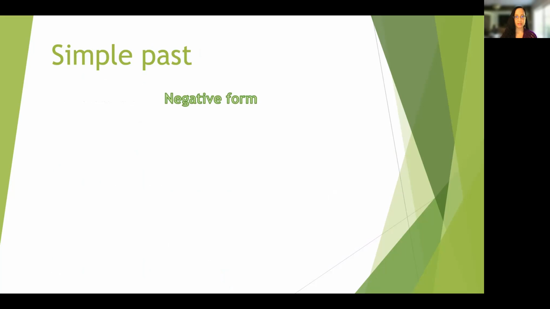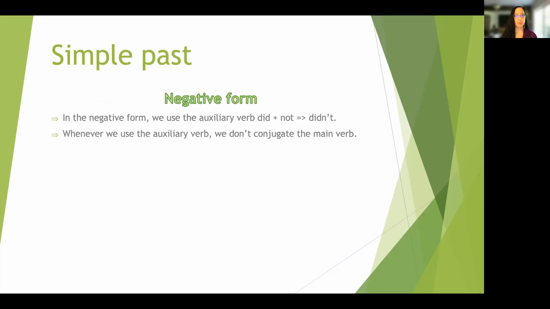More simple past. We want to go a little bit deeper, okay, on the negative form. In the negative form, we use the auxiliary verb did plus not equals didn't. Whenever we use the auxiliary verb, we don't conjugate the main verb, meaning we don't go from didn't to did not, okay?